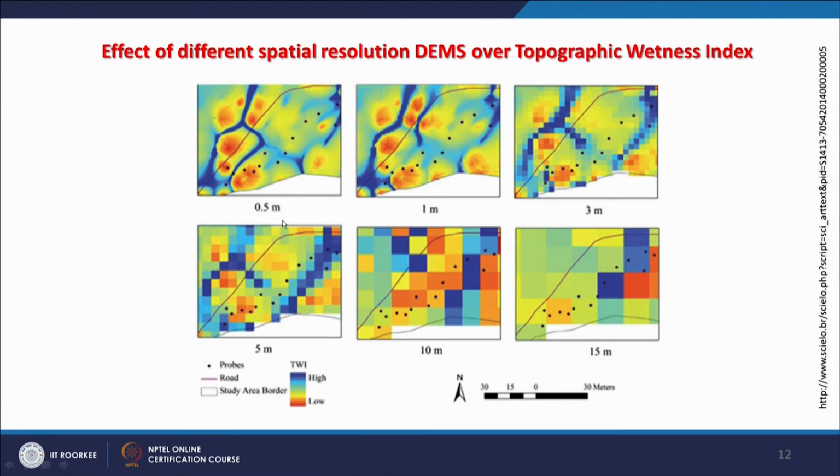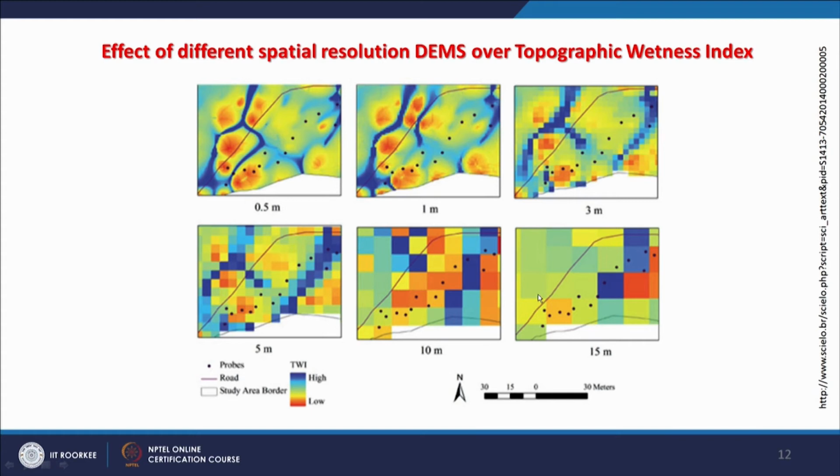So three examples are given at 0.5 meter, 1 meter and 3 meter. At 5 meter, what we are seeing is that this topographic wetness index is appearing completely different than at 1 meter or at 3 meter. So 0.5 meter, 1 meter, 3 meter, 5 meter, 10 meter and 15 meter.